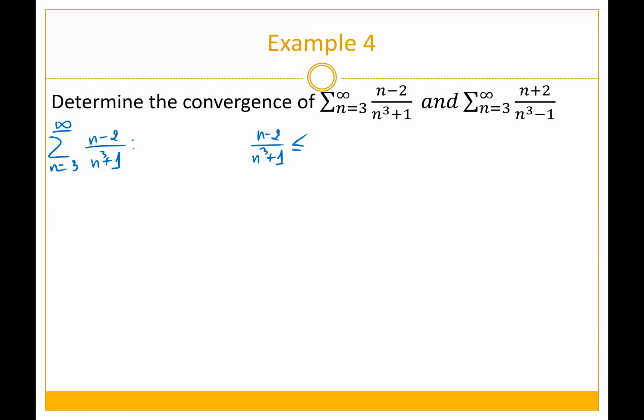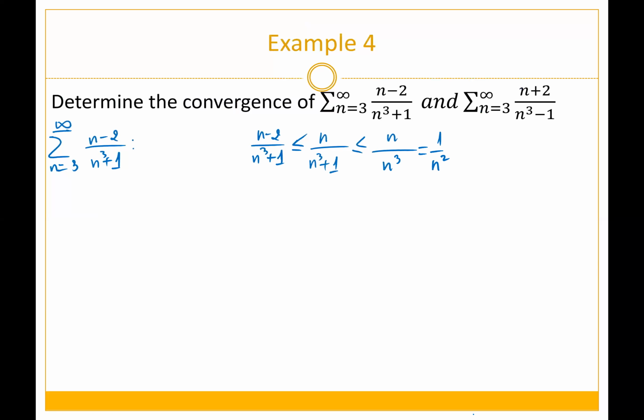Usually, I'm going to compare it with n over n cubed plus 1. Why? Because here easily you have a bigger numerator, so it's going to be a bigger fraction. Now, one more thing, you're going to have it compared to n over n cubed. So it's going to be 1 over n. And this is possible because you have a bigger denominator here and a smaller denominator. And so it ends up with that fraction.